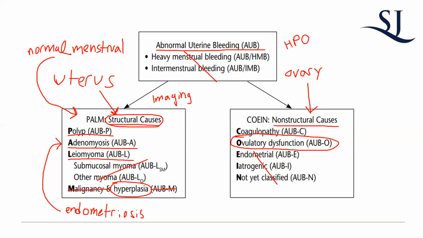You may have a coagulopathy, but there are ways to determine that, and they're pretty obvious. What may not be so obvious is that you're having abnormal bleeding, and it can be heavy bleeding, because the ovary is just not cycling. So why is it that if you don't have a cycling ovary, that results in heavy bleeding? You would say, well, why doesn't that just mean you won't have anything?